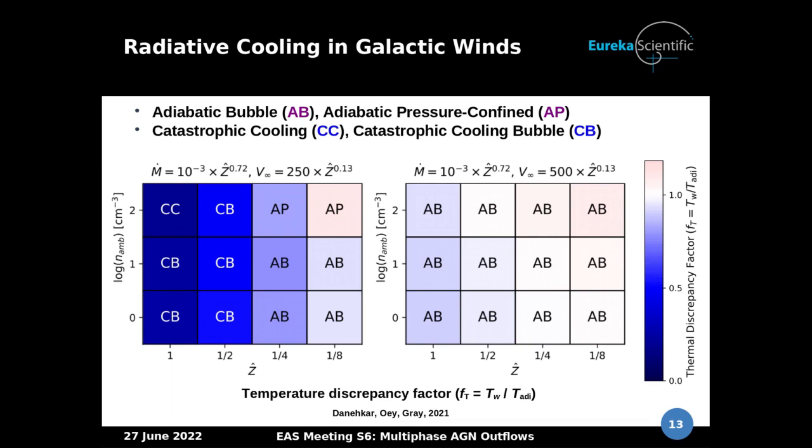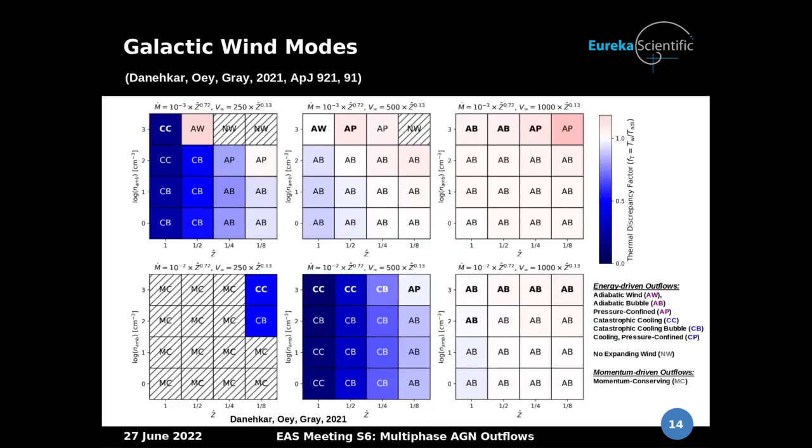And we have an adiabatic pressure-confined mode, in which the bubble is assaulted by the high pressure of the ambient medium, reducing wind velocity with increased radiative cooling.